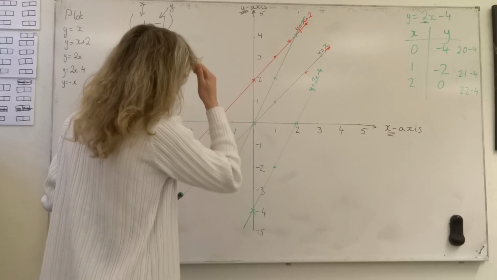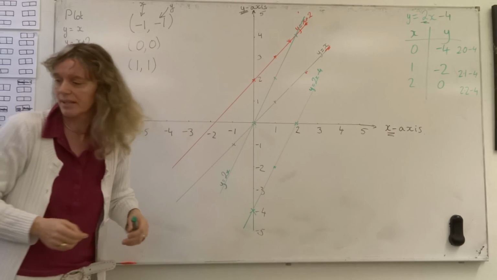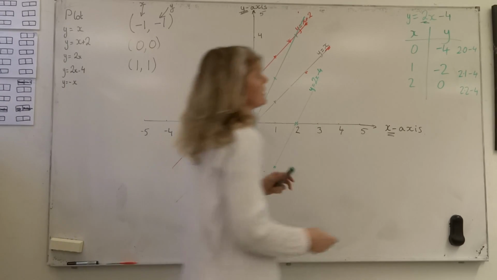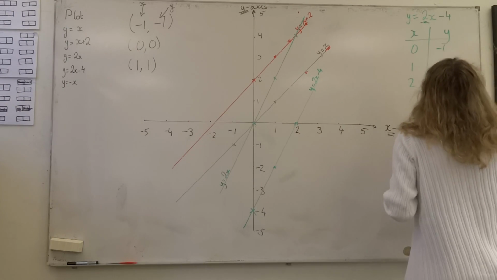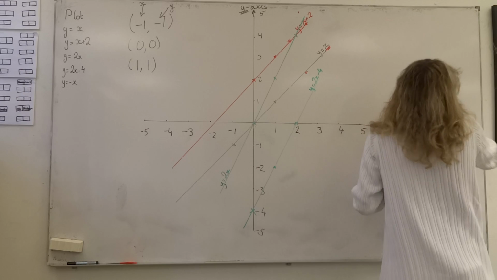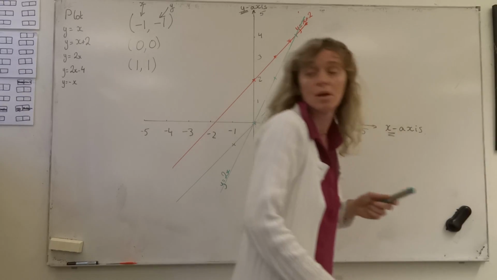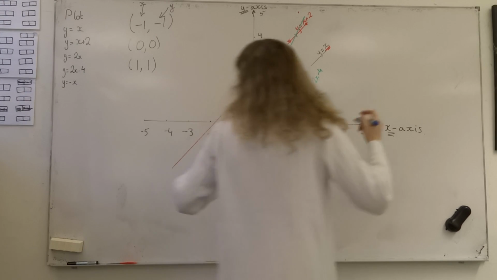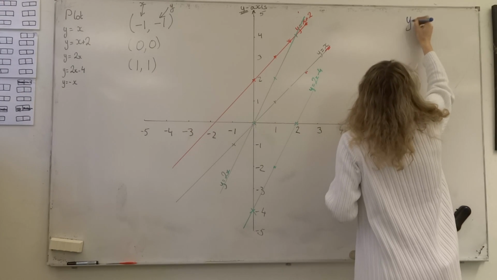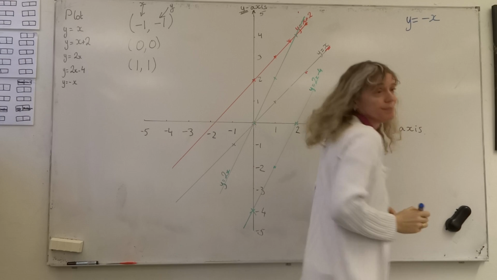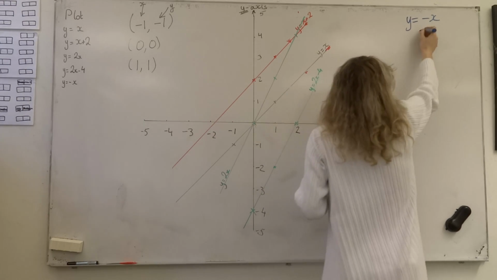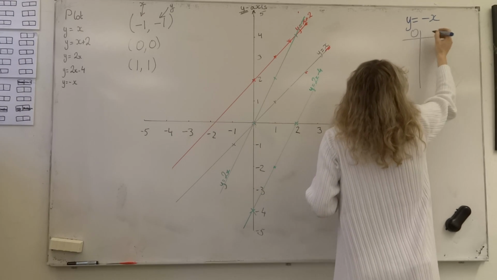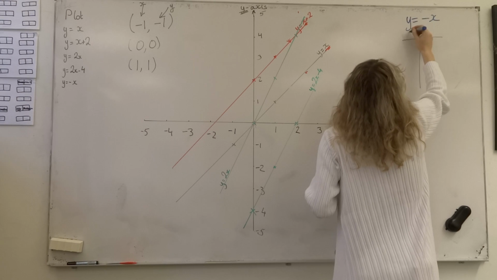There's one more graph I'm going to show you, and after that it's going to get too messy. But it's important that I show you what happens with a graph that has a minus number in front of the x. So let's plot the graph, and I have one colour left. y equals minus x. And we use the same rule as before. We put up some coordinates of x and y.